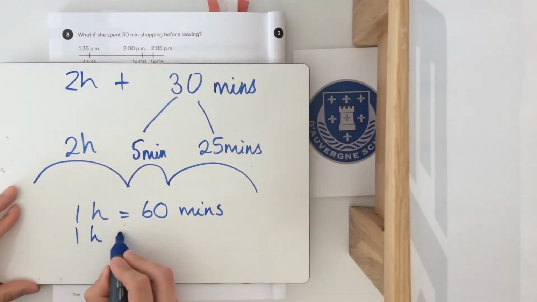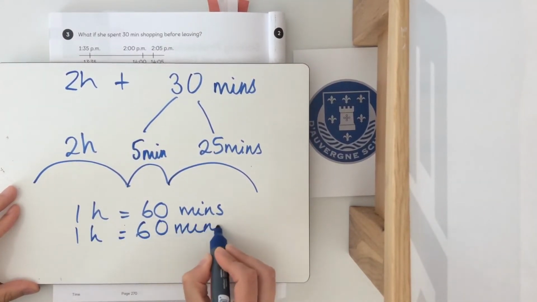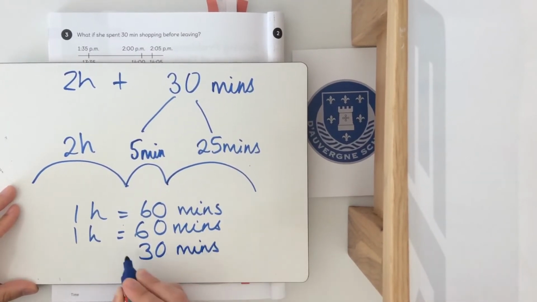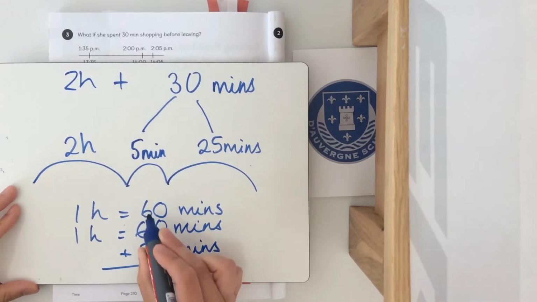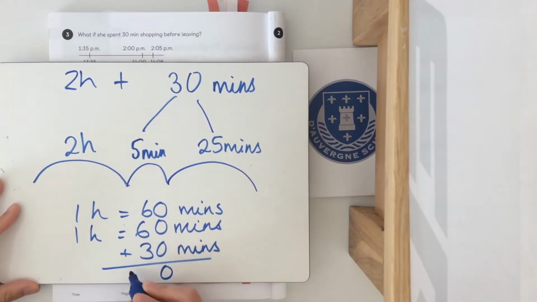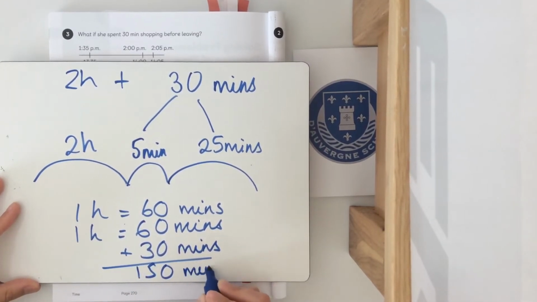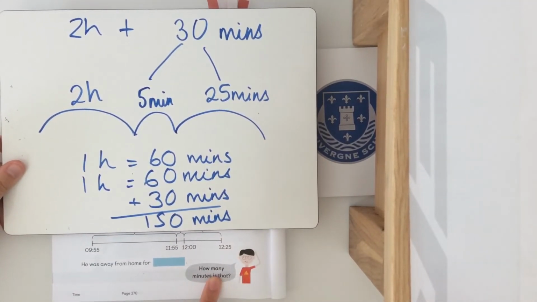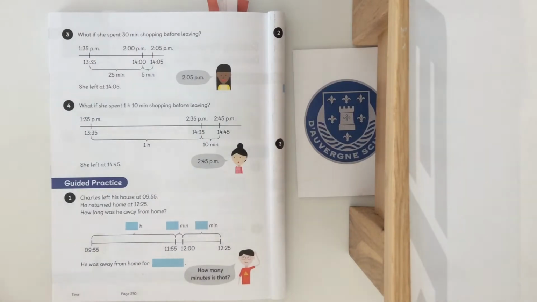Another hour is another 60 minutes. And then we have the 30 minutes to add on top. Add them together, 60, 120, 130, 140, 150. 2.5 hours is the same as 150 minutes. Well done if you got that one.